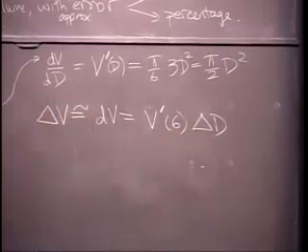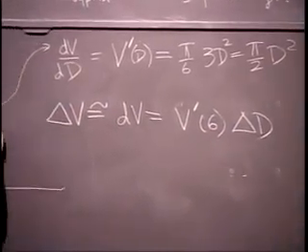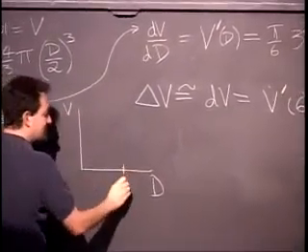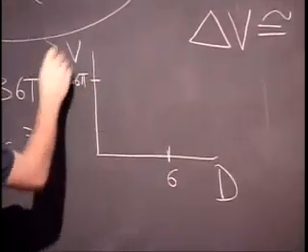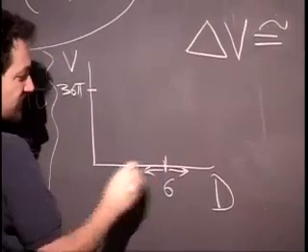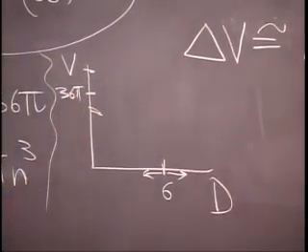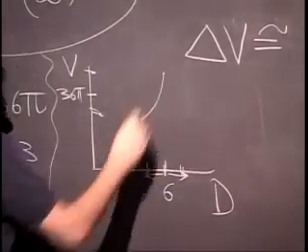Now, in order to see what's going on here, I would like to just draw a little graph. This is D, and this is V. And when D is 6, V is 36 pi. And I am proposing that we change D by a little bit, which is delta D, and see what that does to the volume. If I change this by a little bit, what will that do to the volume?